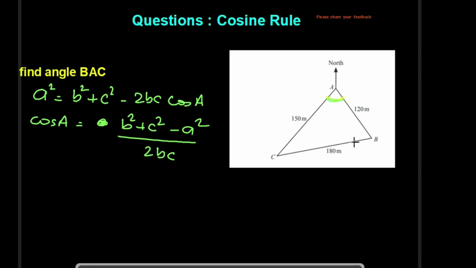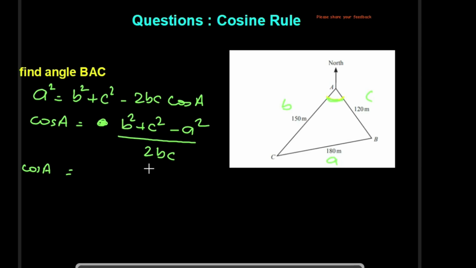Now we have to write the values of a, b and c. Here a is 180, b is 150, c is 120. We are going to put all the values over here.